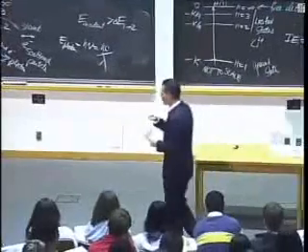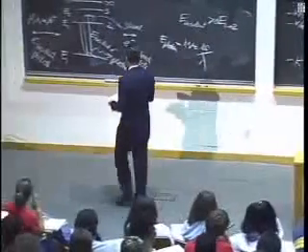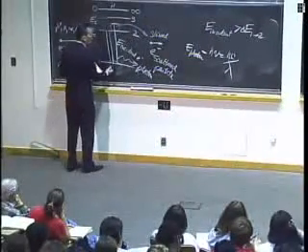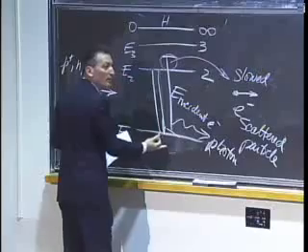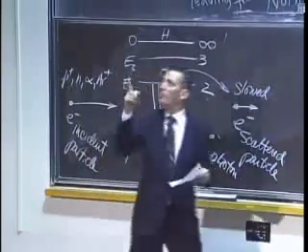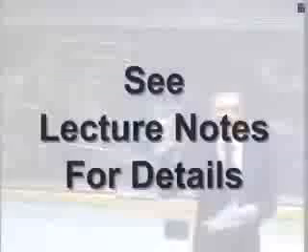Gee, I wonder if I could come up with a set of transitions occurring inside atomic hydrogen that just might match what Ångström measured back in 1853. So that's going to be the challenge.